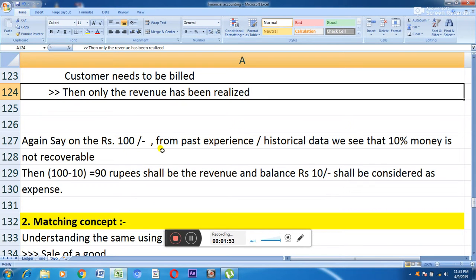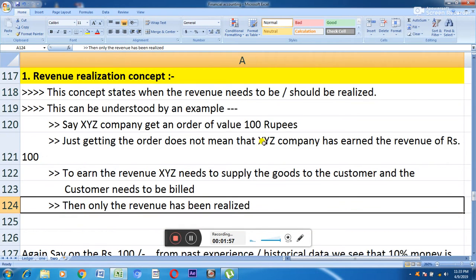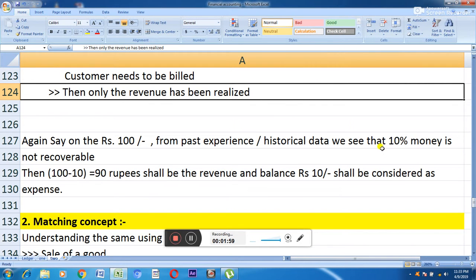Now again say from that 100 rupees, from past experience, you see that 10% money is not recoverable. Suppose you are XYZ company and you have supplied the material to a customer.